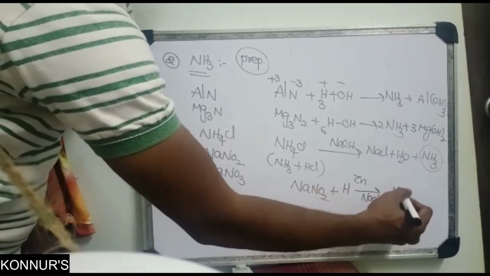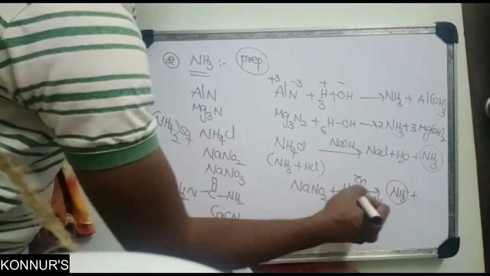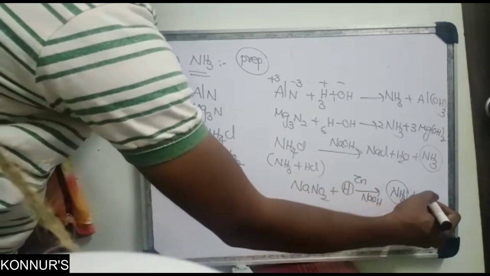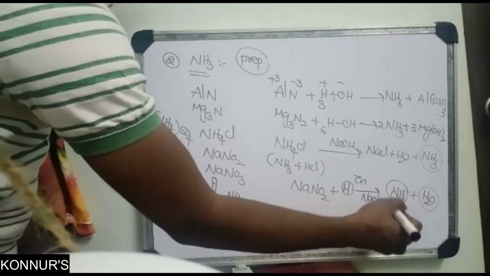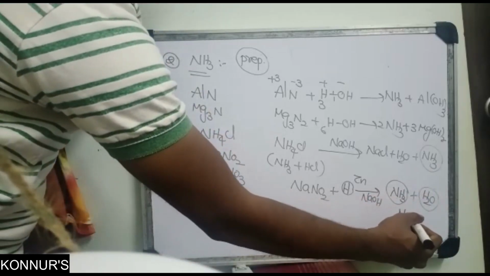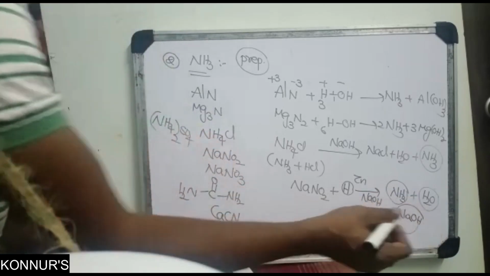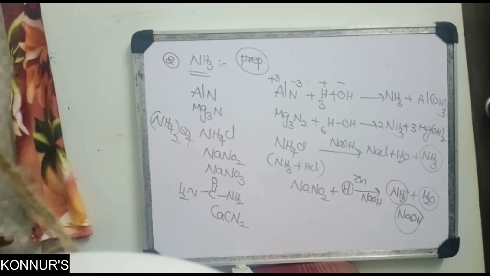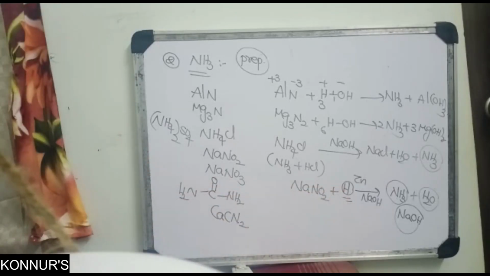So what happens? N is there, NH3 is coming outside. O is there, hydrogens you are supplying. So you are getting H2O. Sodium is there, oxygen is there, hydrogens are there. So you are getting NaOH. So mainly hydrogen releasing substances. That is it. Next, urea is there.